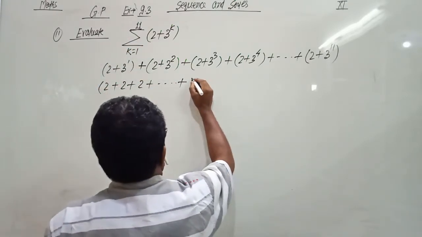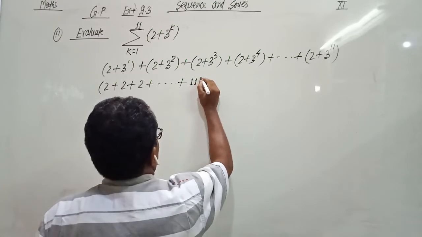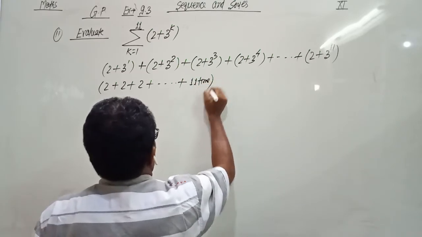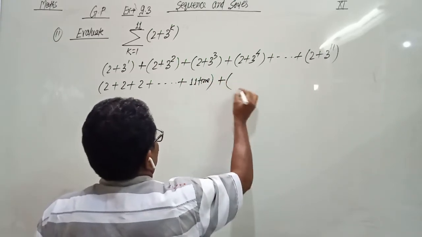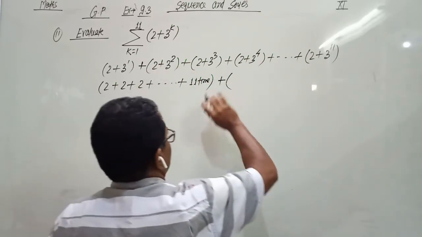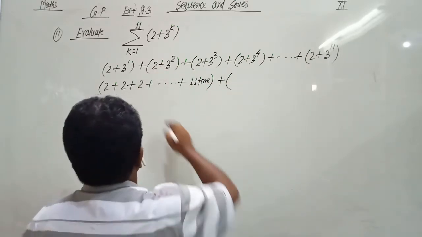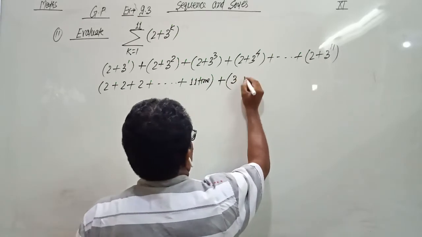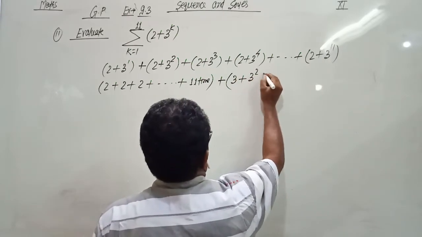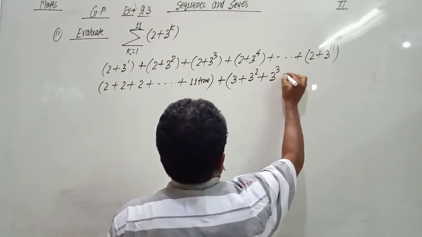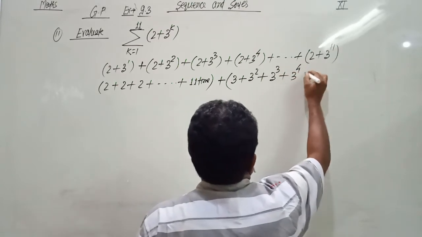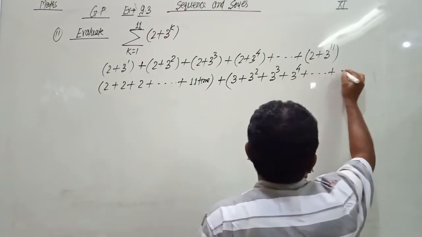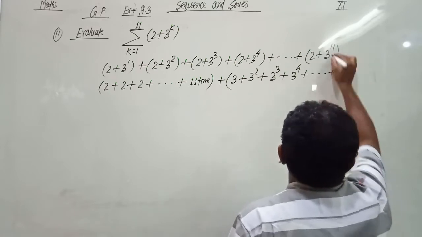So 2 plus 2 plus 2 up to 11 times. And plus, the terms containing 3 would be taken together. So 3 raised to the power 1 means 3, plus 3 raised to the power 2, plus 3 raised to the power 3, plus 3 raised to the power 4, and the last term is 3 raised to the power 11.